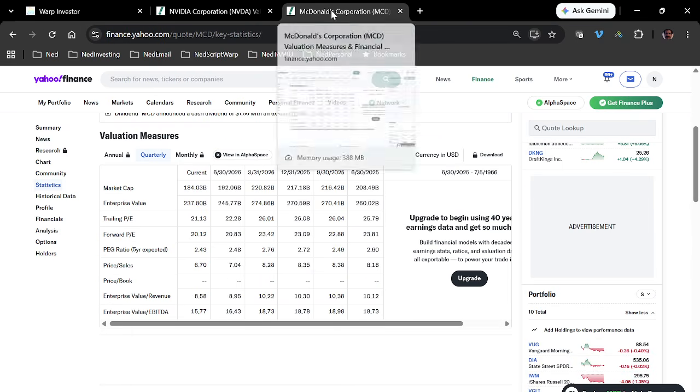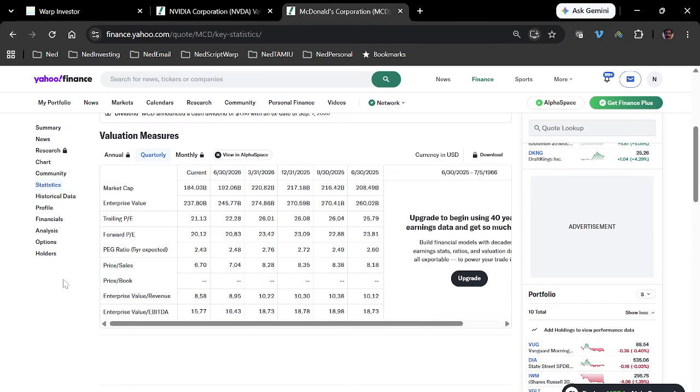Now let's take a look at McDonald's. For McDonald's, again, you have trailing PE and forward PE. They are very similar, so not a lot of growth is being expected. And the PEG ratio is 2.43. If you take this number and divide by an expected growth of 10%, you get something similar to this number here.